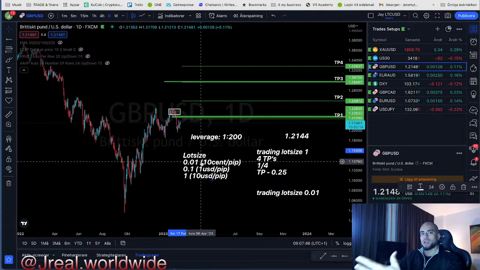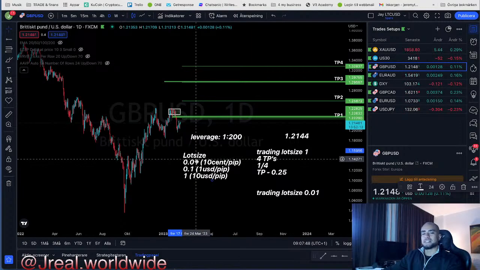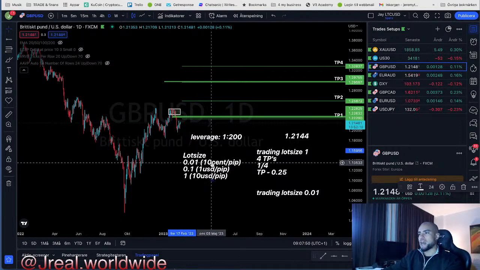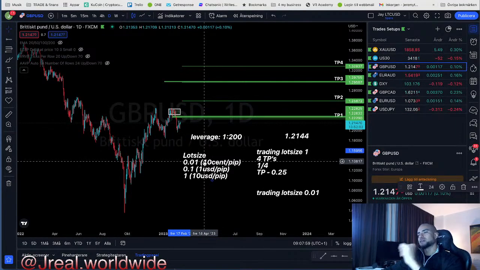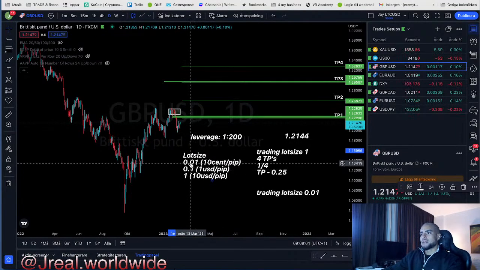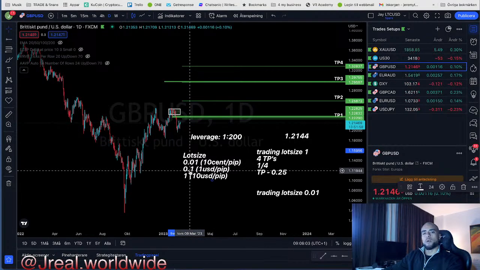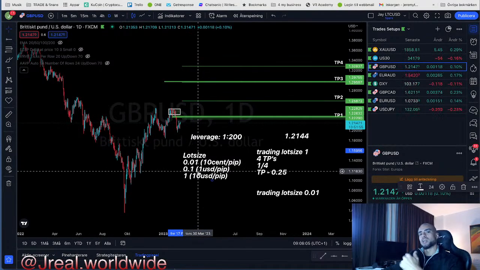It's called a micro lot. And a micro lot is 10 cents per pip. So for every pip the market moves, you make or you lose 10 cents. The next lot size is 0.1. That's $1 per pip. So for every pip the market gains or loses, you win or lose 1 US dollar.